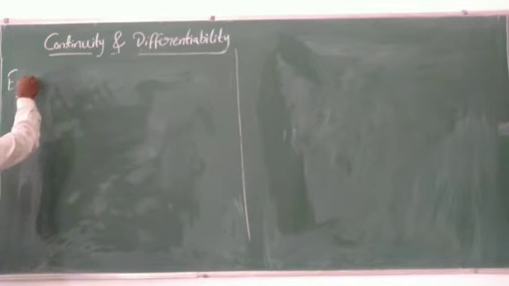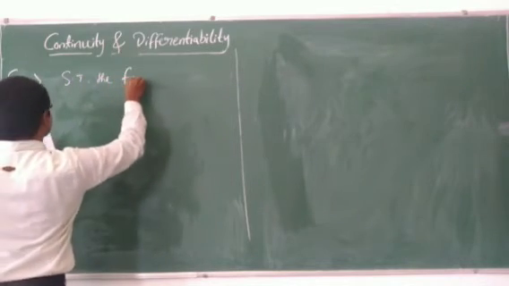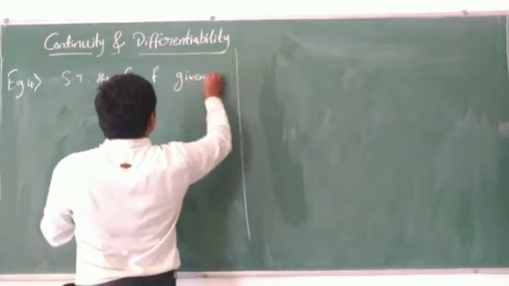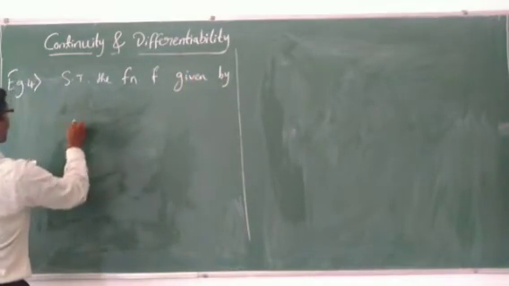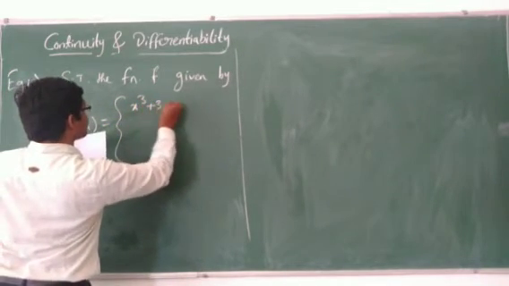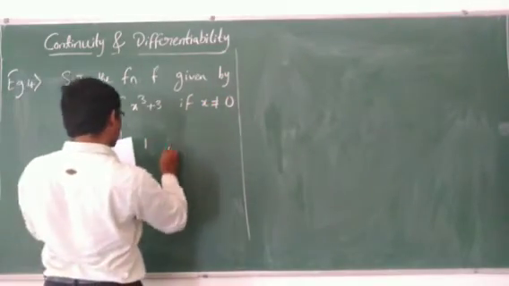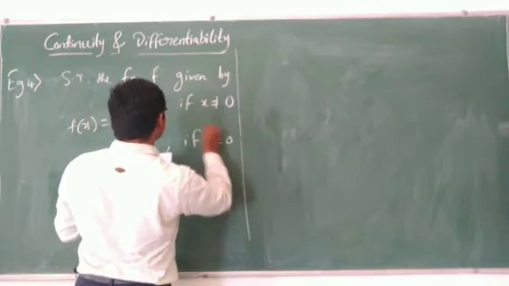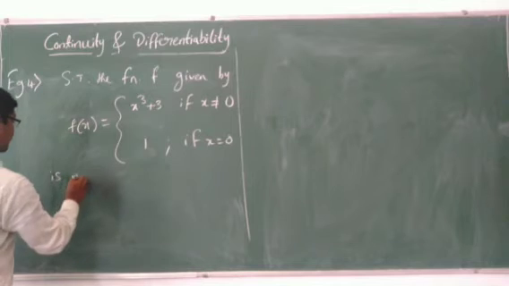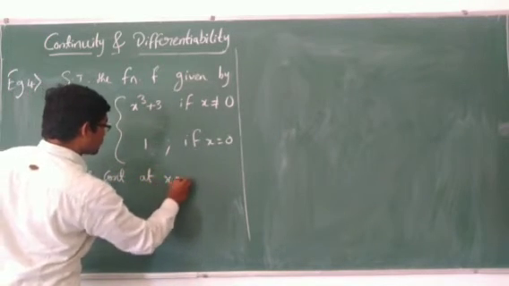Example 4. Show that the function f given by f of x equal to x cube plus 3 if x not equal to 0, and equal to 1 if x equal to 0, is not continuous at x equal to 0.